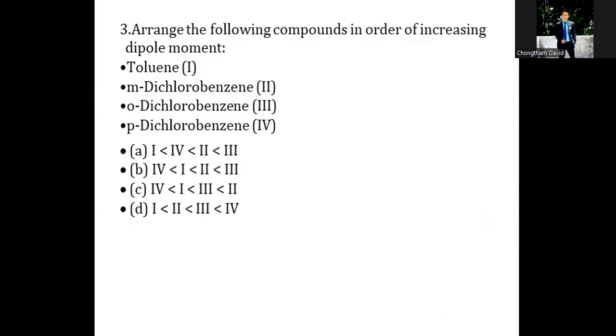And in ortho and meta-dichlorobenzene, the two dipole moments are at 60 degree and 120 degree apart respectively. Okay, and this is according to the parallelogram law of forces. The dipole moment of ortho-dichlorobenzene is much higher than that of meta-isomer. And lastly, toluene with plus I effect, it will possess little dipole moment.